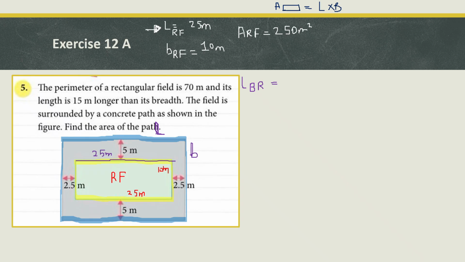So this portion is 2.5 meter, so 25, 2.5, 2.5, and this is 30 meter.